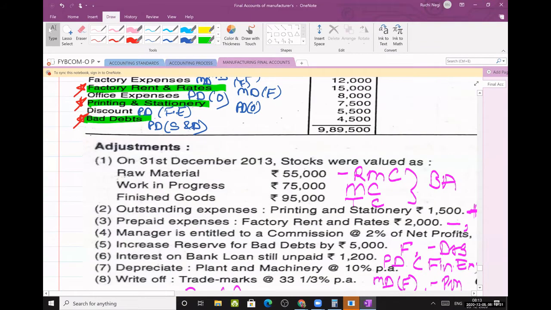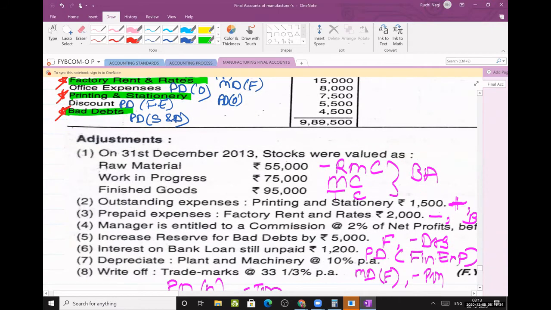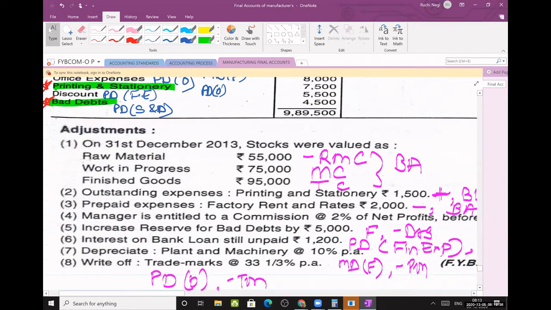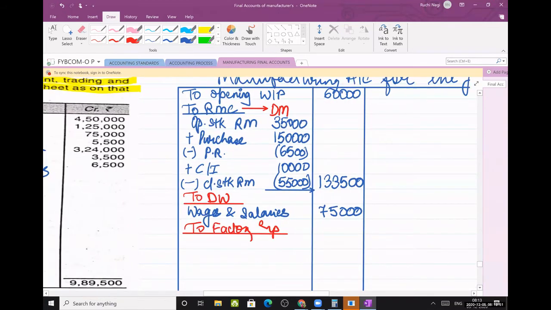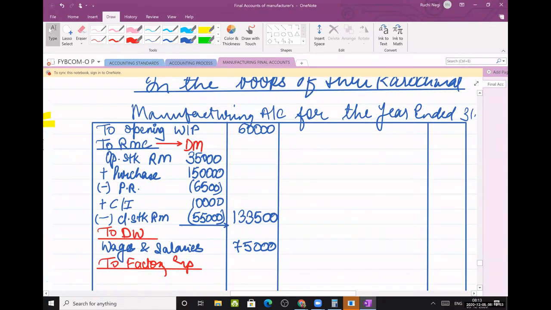We can go with the adjustments also. First, 31st December stock was valued at raw material stock. So raw material stock, I will less from the formula of RMC. Come to manufacturing. There it is. Opening WIP 60,000. When you're writing raw material, it is actually direct material.